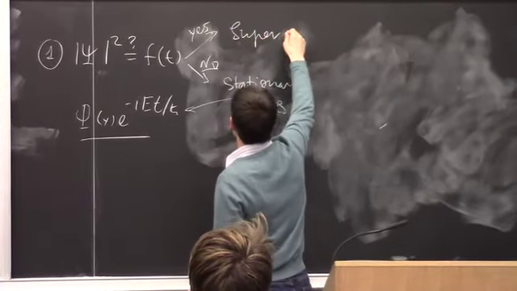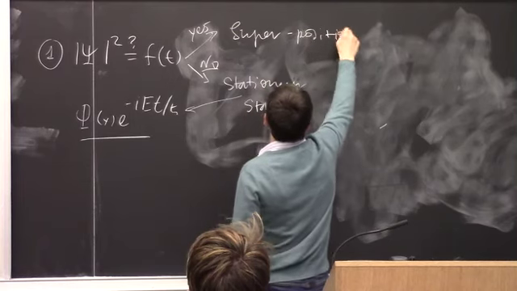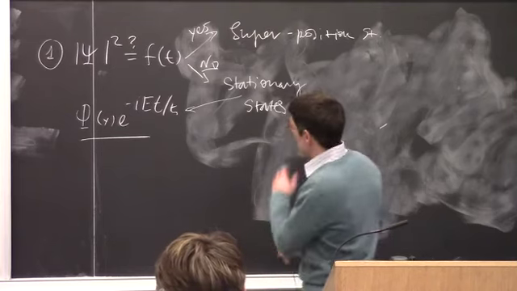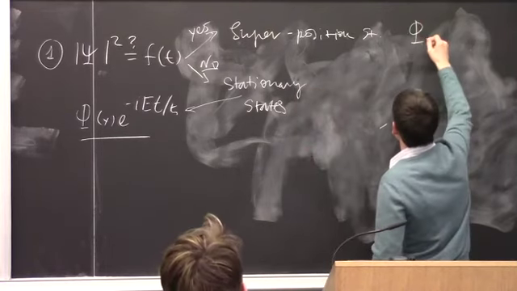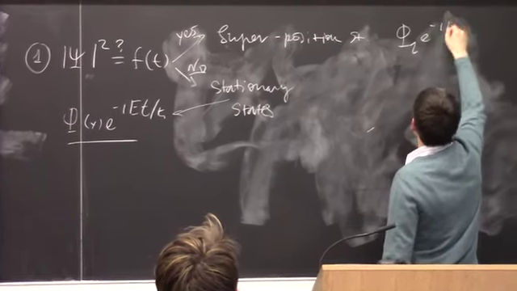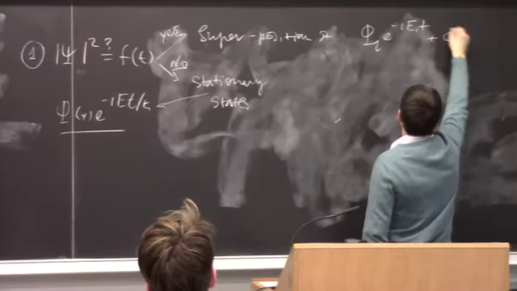Superpositions of non-stationary states. Then you have at least 2 components, and that's a general rule.